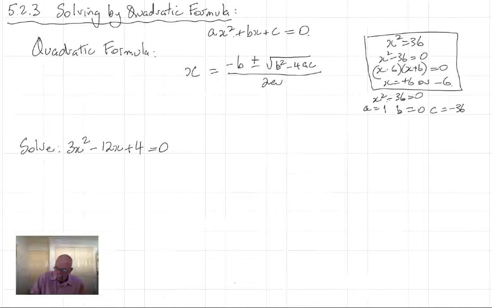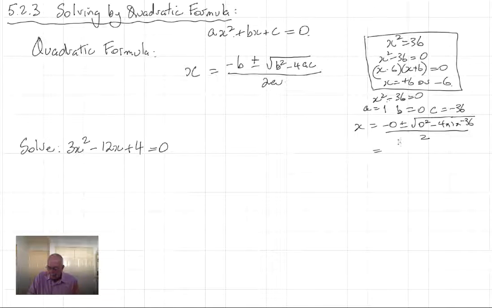So using the quadratic formula, you've got x equals minus b, which is just 0, plus or minus square root, now b squared, b is 0, 0 squared, minus 4, a is 1, times c is negative 36, all over 2a, all over 2. Now that square root sign's got to go right across the top.